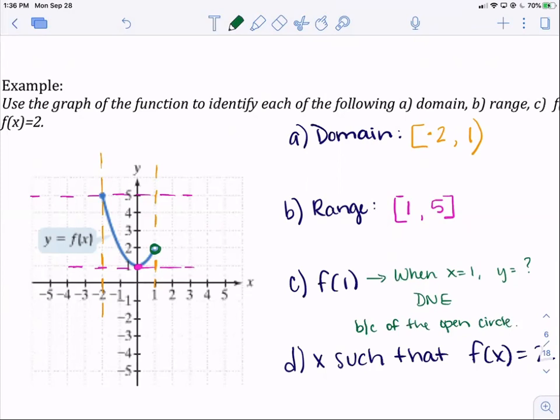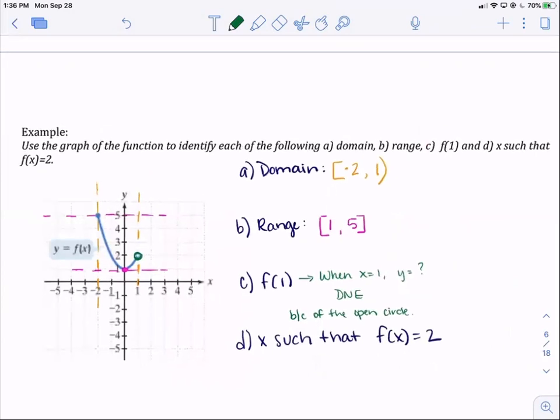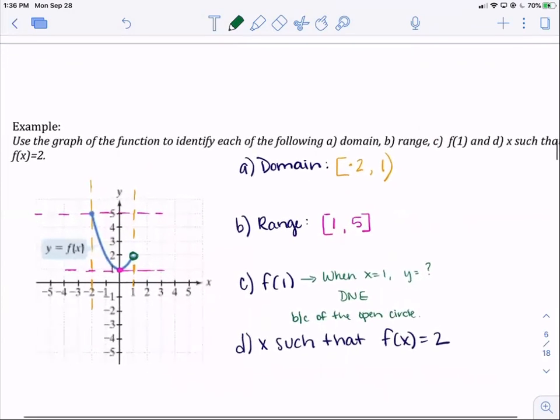Now this part's going to be new. We're going to go backwards now. Find x such that f of x equals 2. f of x is the same thing as what? y. So this is saying when y equals 2, x equals what?